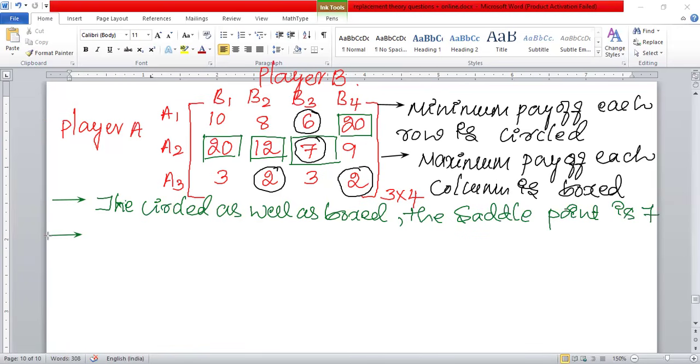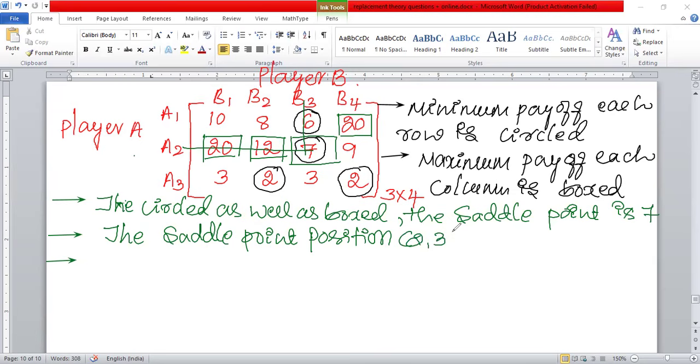Next, the saddle point position. Look at that, circle as well as box exists there, A2 and B3. But you are going to write only the numerical number, so only 2, 3.